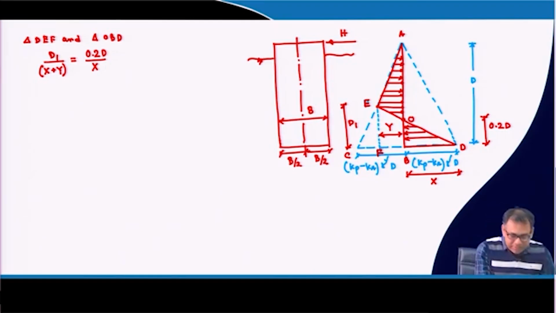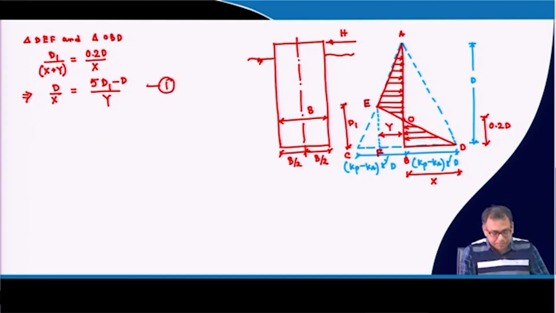After simplification, d by x will be equal to 5, because 0.2 means 1 by 5, so 5 d1 minus d divided by y. This is equation number 1.